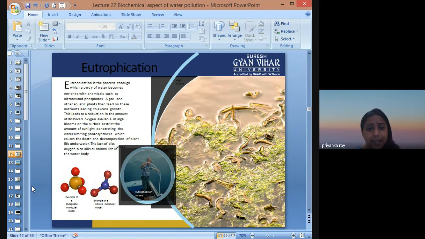Now this leads to a reduction in the amount of dissolved oxygen available, as an algae bloom on the surface restricts the amount of sunlight penetrating into the water, limiting photosynthesis, which causes the death and decomposition of underwater plants. The lack of dissolved oxygen will also kill aquatic life forms.